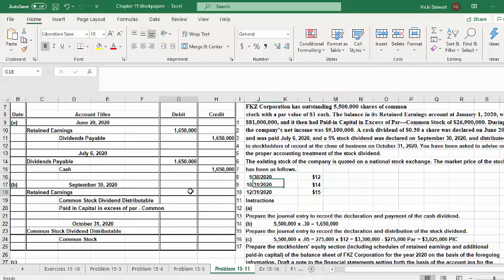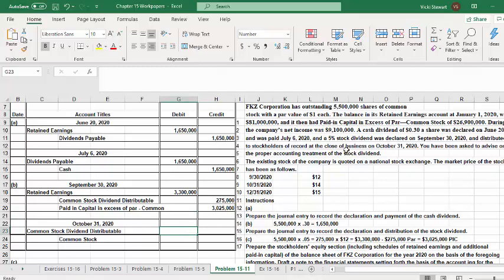$3,025,000. So to record the declaration of the stock dividend on September 30th, 2020, we would debit retained earnings for $3,300,000. We would credit stock dividend distributable for the par value of $275,000, and we would credit paid-in capital in excess of par common for the difference of $3,025,000.